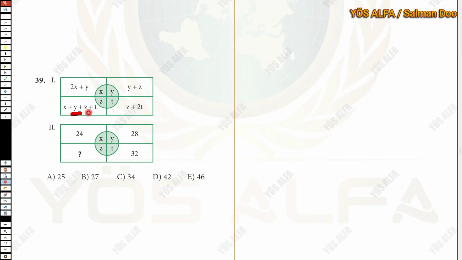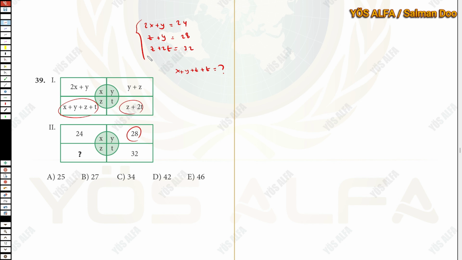39. 4 equations are given in the form of a table. Let's write them down one by one, starting with 2x plus y is equal to 24, and y plus z is equal to 28, and z plus 2t is equal to 32. We're asked to find x plus y plus z plus t.